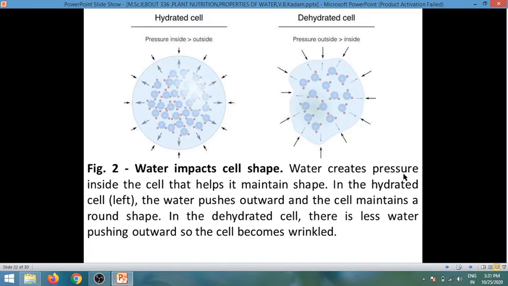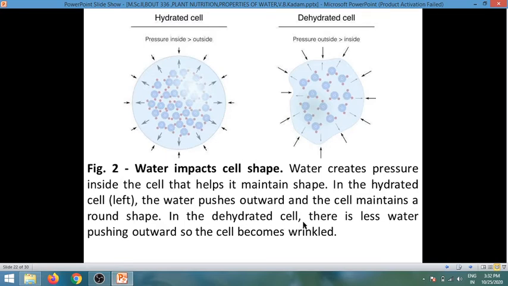Water creates pressure inside the cell that helps it maintain shape. In the hydrated cells, the water pushes outward and the cell maintains a round shape. The inside water creates the pressure towards the outside, so the cell is maintaining its circular shape.